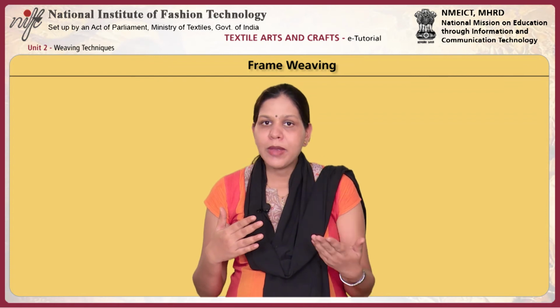Followed by card weaving, one of the next simplest forms of weaving is frame weaving. During frame weaving, the warp yarns are wound onto nails at each end of the frame and the weft is woven with a shuttle. A wide range of fabrics can be woven with a frame, such as plain or tabby weaving and tapestry weaving.